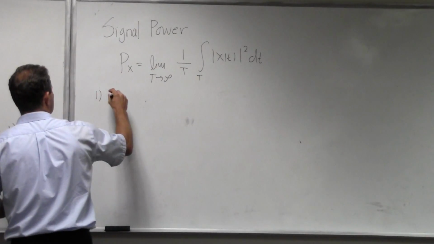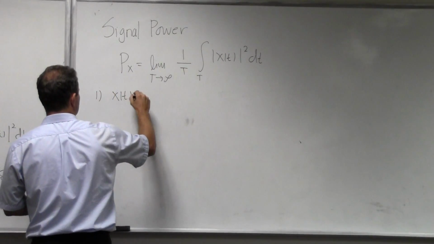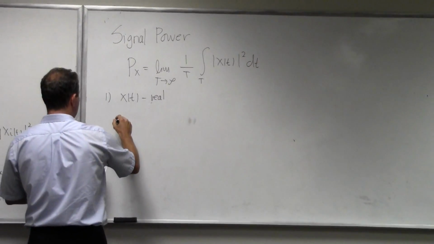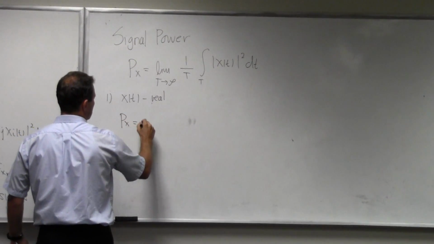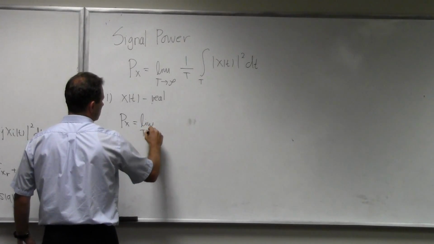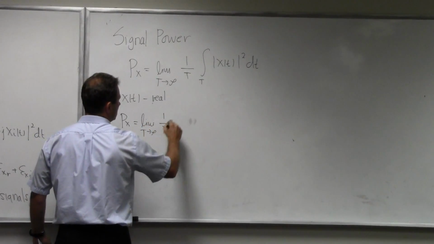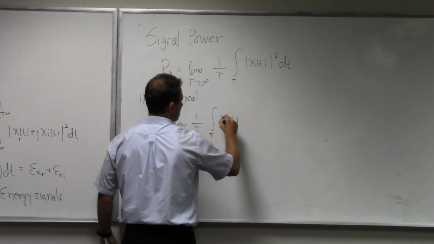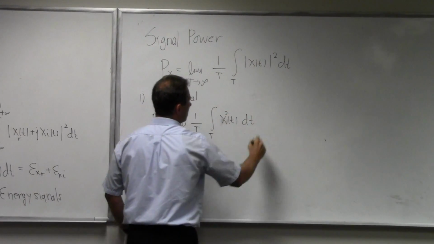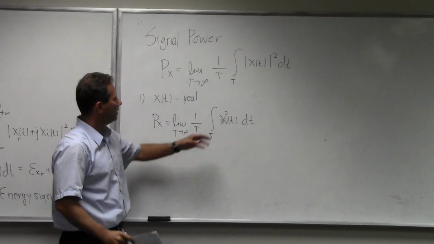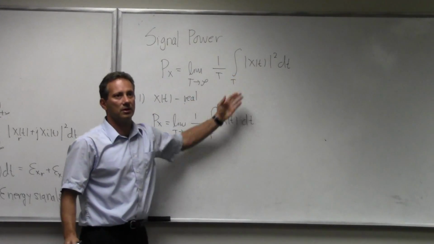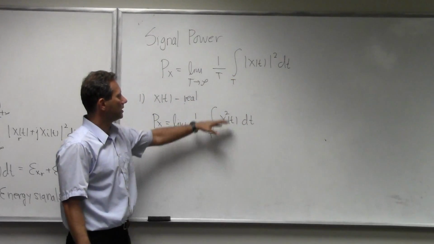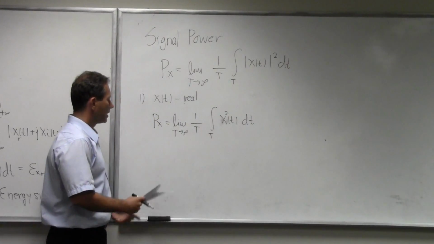If x of t is real, then the power of the signal is the limit as T goes to infinity of 1 over T, integral over T, of x of t squared dt. For real signals, I can eliminate the magnitude here because just squaring it is the same result as taking the magnitude and squaring it.